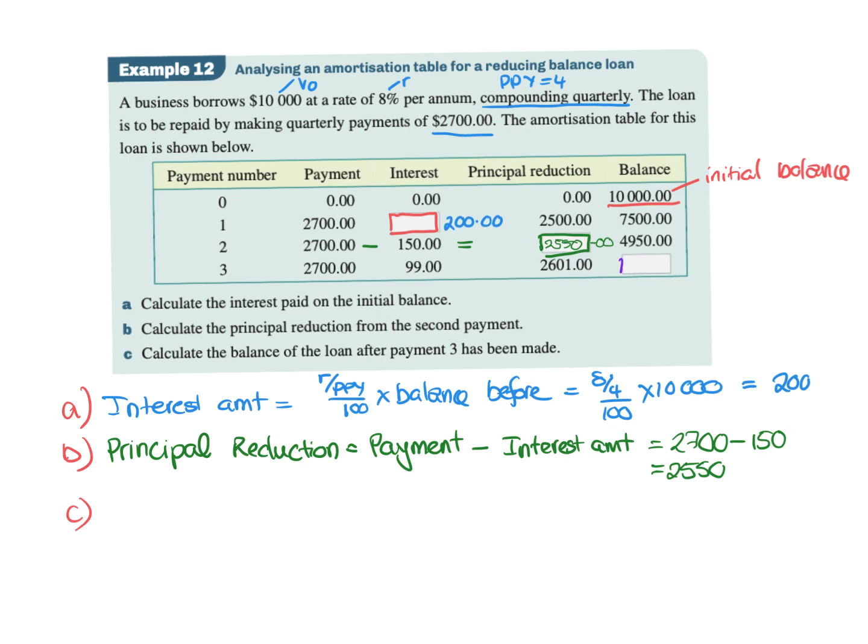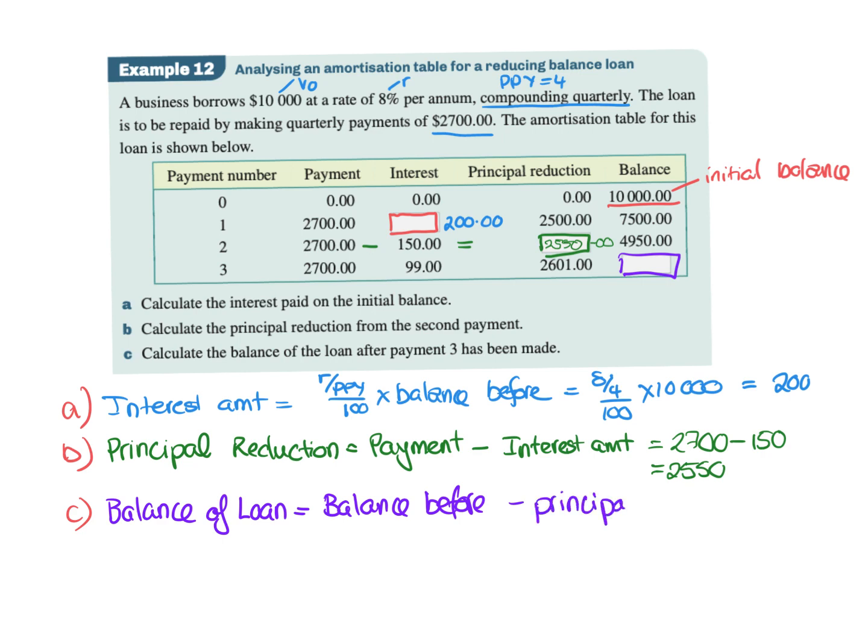Okay, and then the last one, C, they're just getting us to practice the balance here. So remember, the balance is found by doing the balance before minus the principal reduction. So balance of loan equals balance before minus principal reduction.